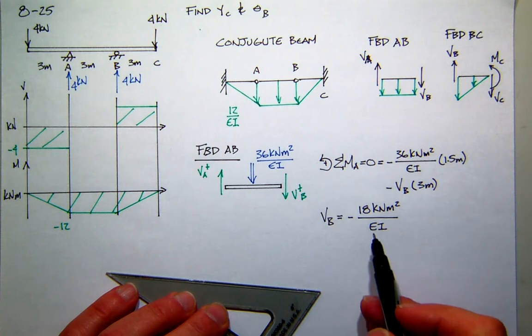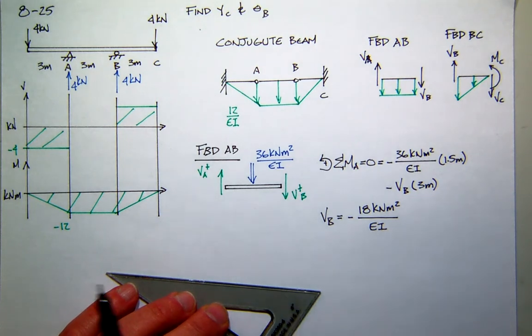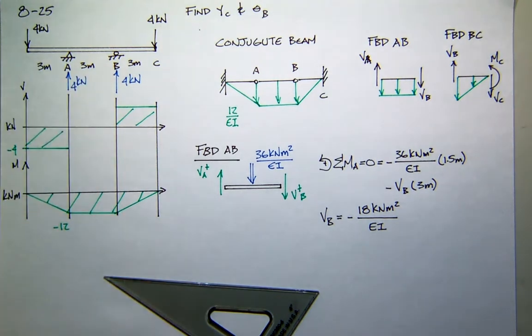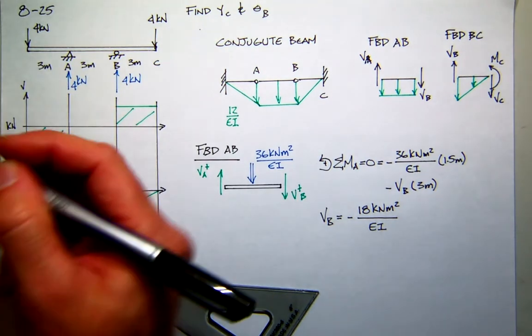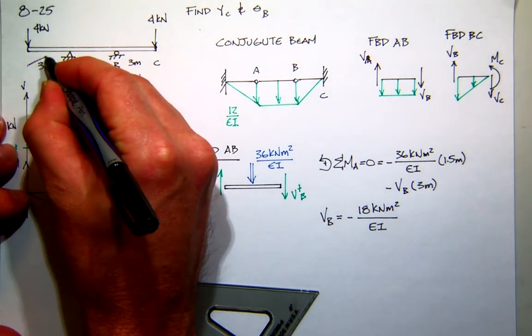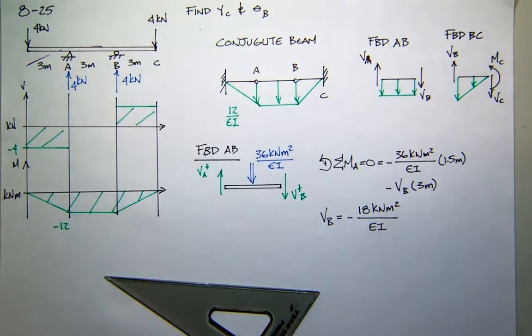Does it make sense that at B you'll have negative slope? Well, how do you think this structure is going to displace? It's probably going to look like a semicircle arch? Yeah, oh, my pen just died. Let's get another one.